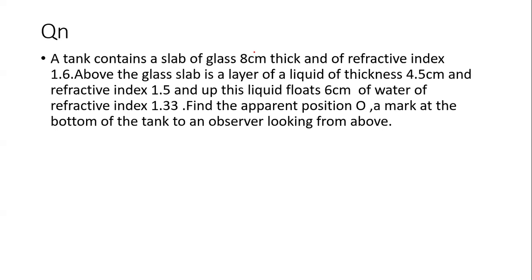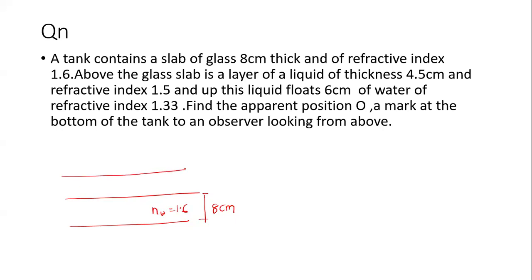So first find for the first slab, then for the second slab, then for the third slab. In simple terms, I can make a sketch where this is the first slab, the tank slab, where the tank sits. That is 8 centimeters, and its refractive index is 1.6.